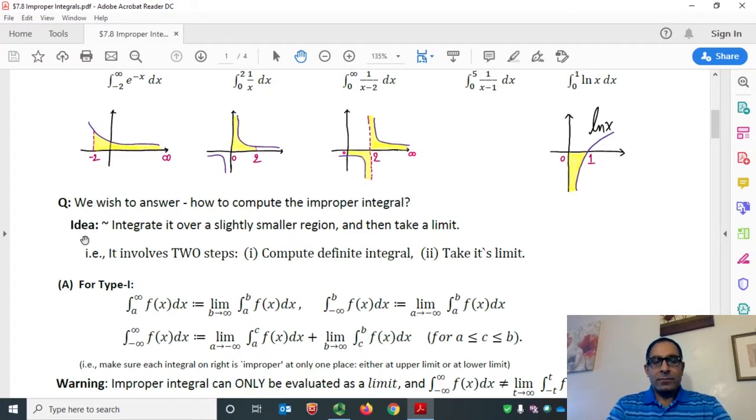So the idea: integrate over a slightly smaller region and then take a limit. So it involves two parts: compute the definite integral on a smaller region and then take its limit. For type 1, let me scroll down.